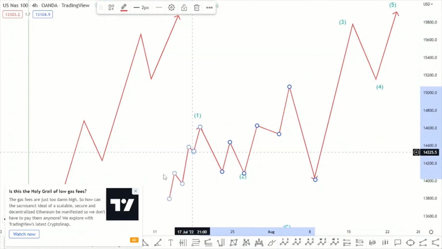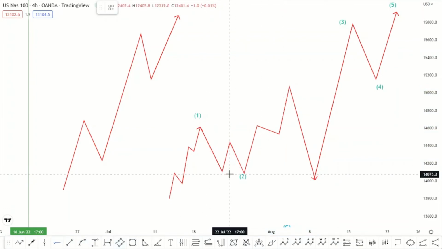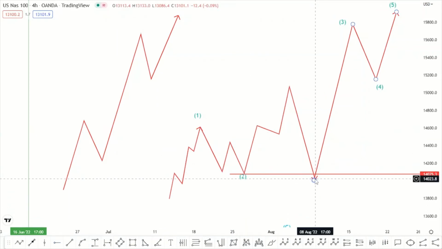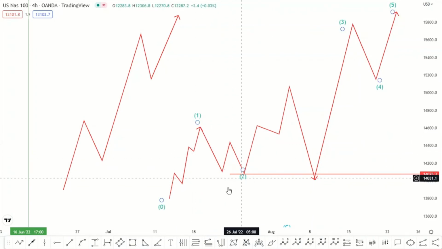It did not move beyond the termination point of wave 1, right? If it moved beyond it, this 1 and 2 would be terminated. It wouldn't actually be 1 and 2.